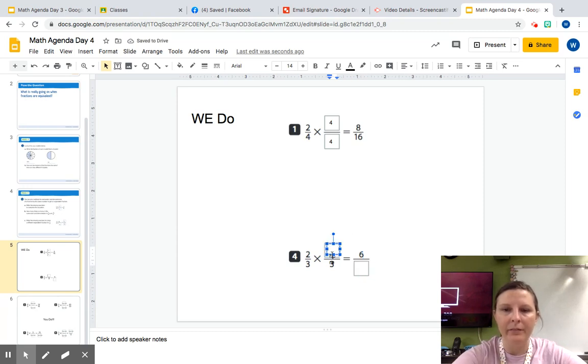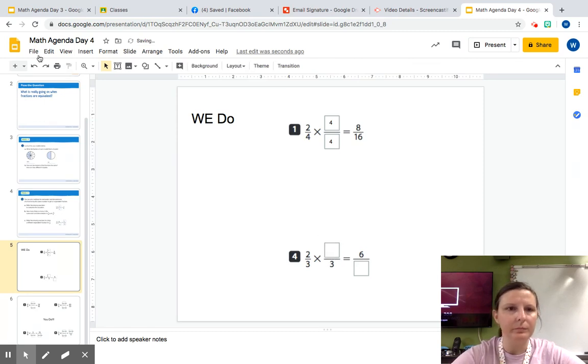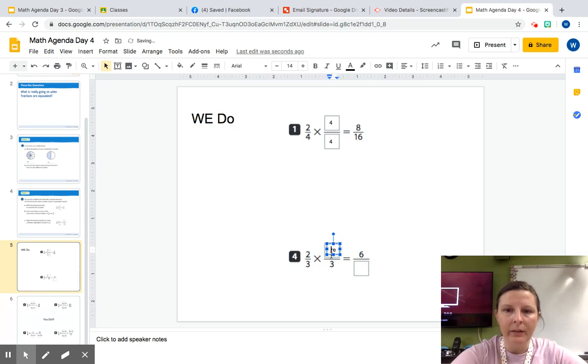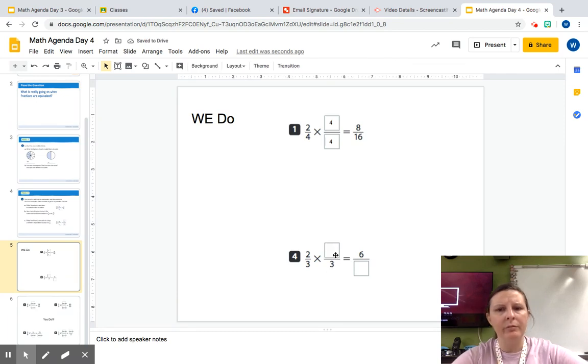This is like the second problem we did earlier. Okay, so I have 2/3. I also have a blank spot up here for my numerator. And then I have a blank spot down here for my denominator and my answer.